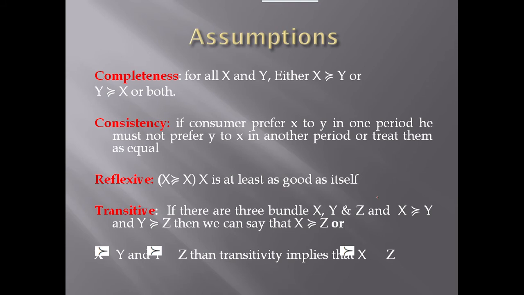These assumptions include, first of all, rationality. What is rationality? We have already discussed in the class. Rationality means with the given available relevant information, an individual or consumer takes decisions that maximize his utility, or an individual chooses the best combination among all the available combinations.